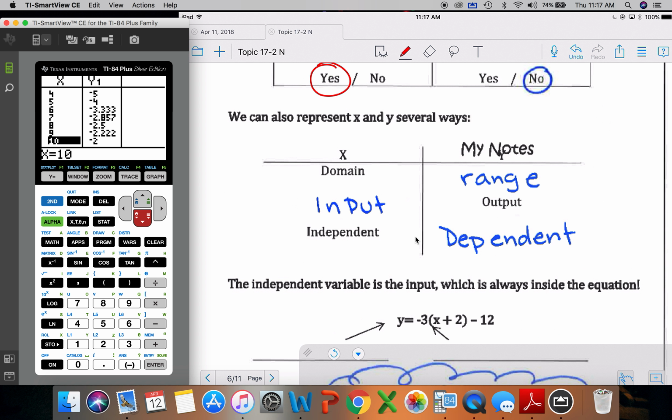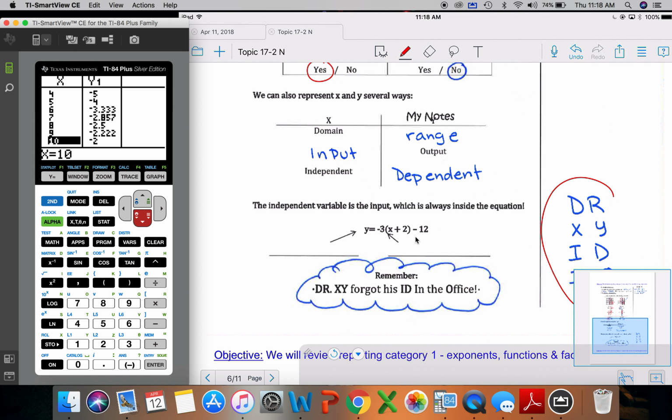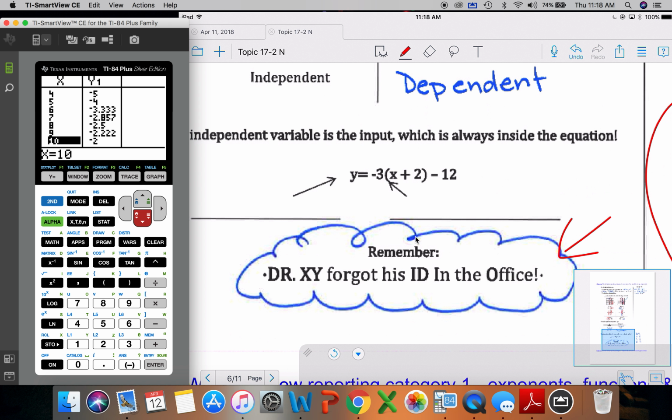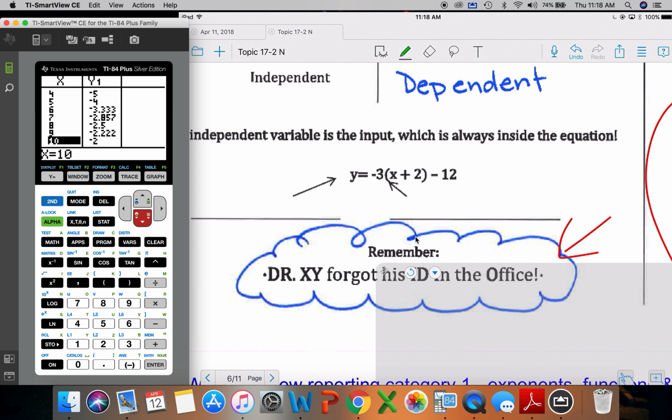We can represent x and y's in a couple of different ways. X can be domain, input and independent. Y can be range, output and dependent. And we've given you Dr. XY wears his ID in the office to help you remember that. The independent variable is your input, which is always inside the equation. Remember that the word variable means letter.